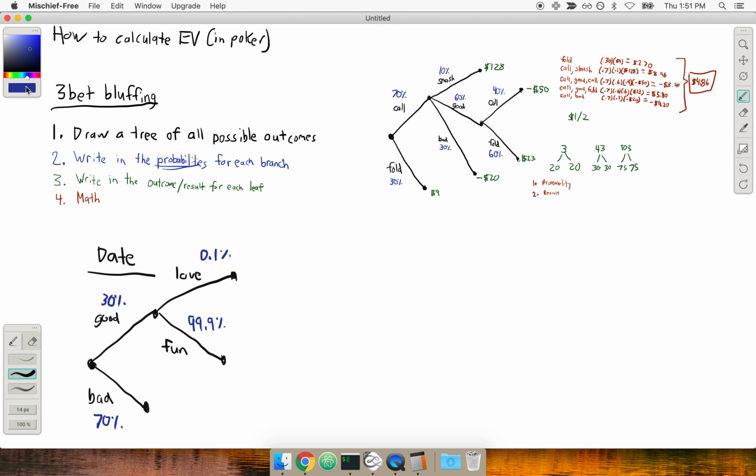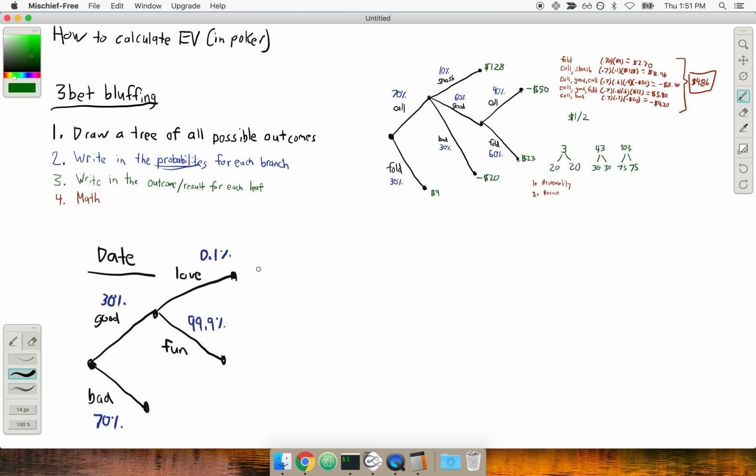So now let's write what the outcome is. A lot of people think that you can only do these kinds of analyses for objective things like money or whatever else, but that's not really true. You can try to quantify what the outcome is.